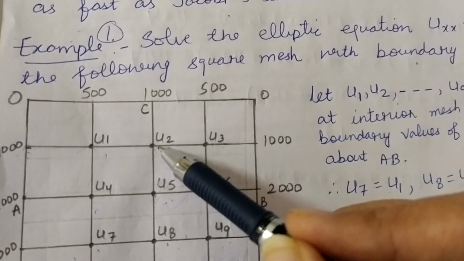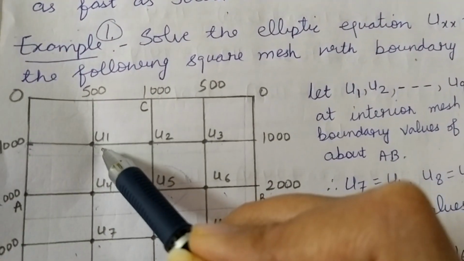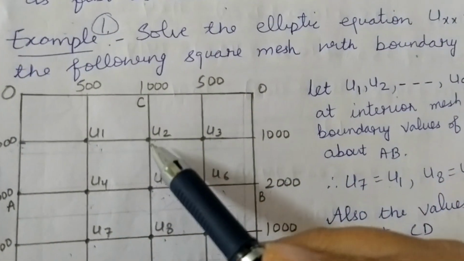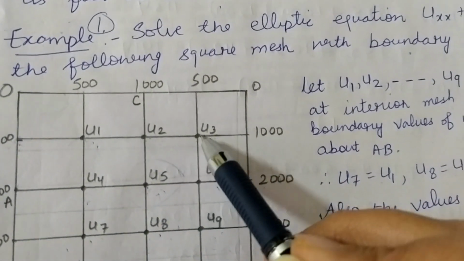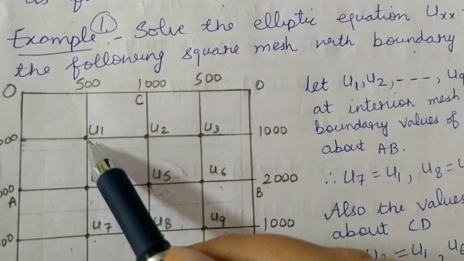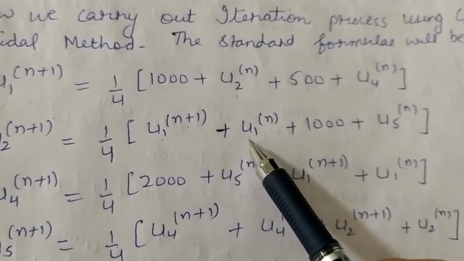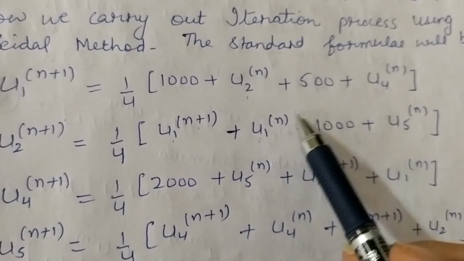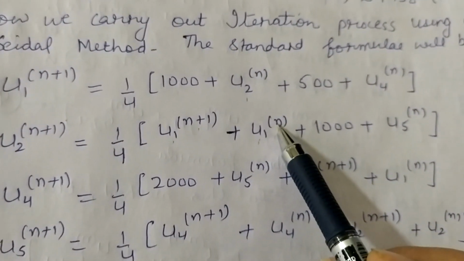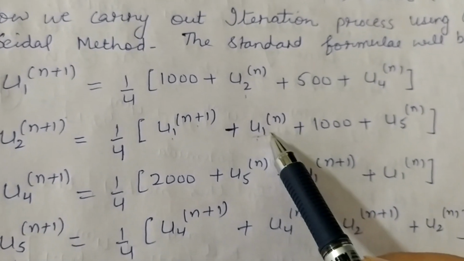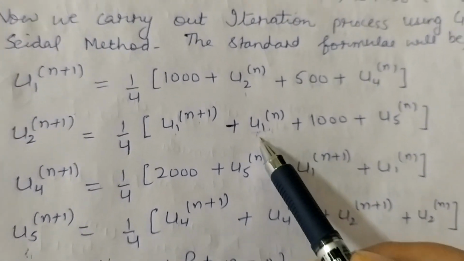This u2. The left hand side is u1, it contains n plus 1. Now the right hand side is u3, but u3 is equal to u1. Okay, so that's why at the place of u3, I have written here u1. And u3 was on the right hand side, so I have put it here n. This is the value for u3, but u3 is equal to u1, so I have put u1.